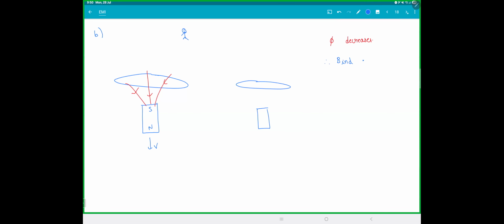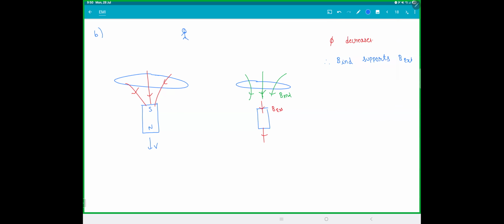Therefore, B induced supports B external. So B induced also must be in this direction. B external is in this direction.